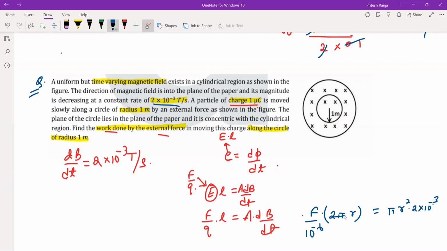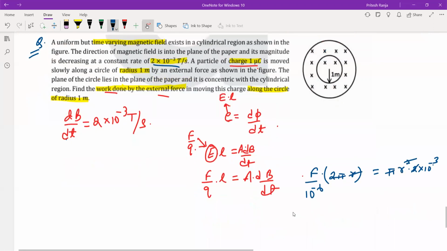So from here this 2π and this 2π get cut, one r gets cut. So we have the force as r into 10 to power minus 9. And once we have the force with us, we can find out the work.